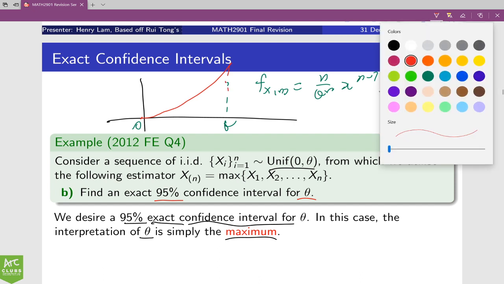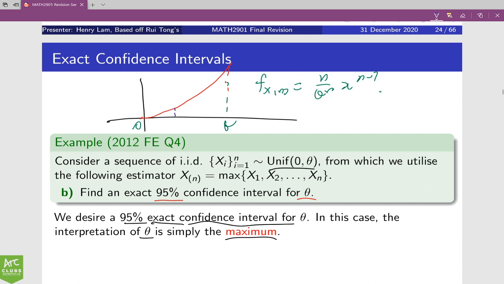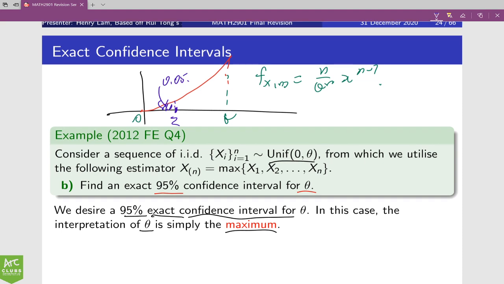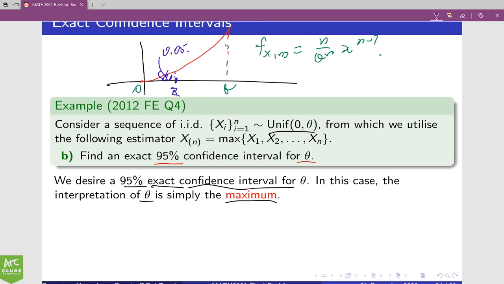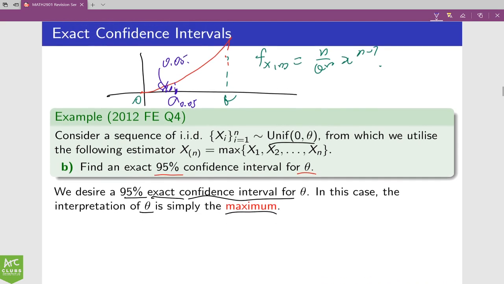I'm going to look at a one-sided interval where this is 5% here. And I'm going to find a point here such that that is true. Did I choose z or a? I chose a. So a, with probability 0.05.